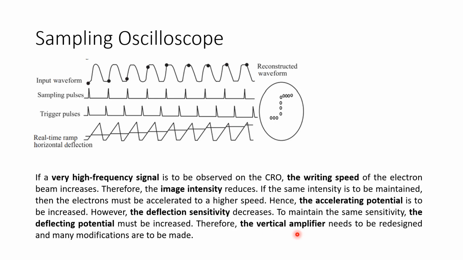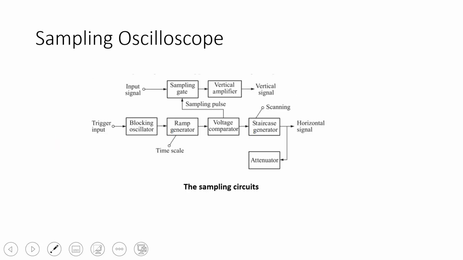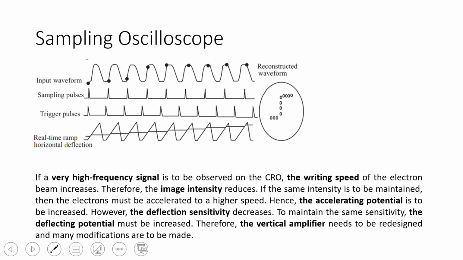Therefore, the vertical amplifier needs to be redesigned and modifications are to be made. So if we deal with a very high frequency signal, we have to redesign the vertical amplifier if we don't have a sampling oscilloscope.